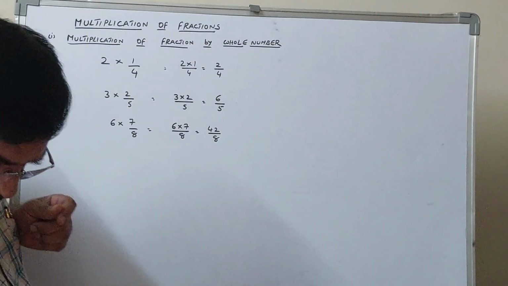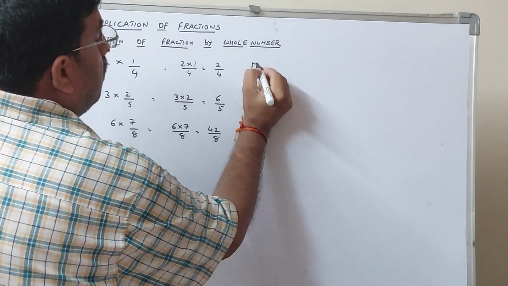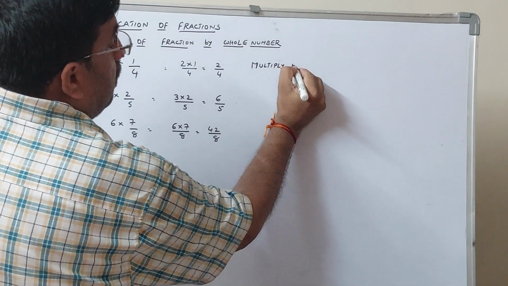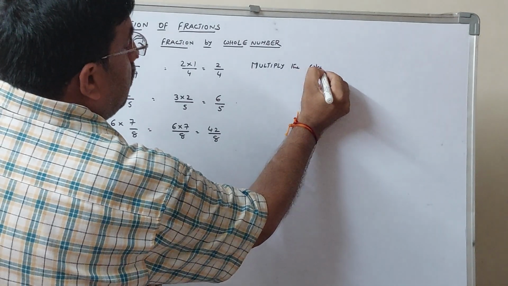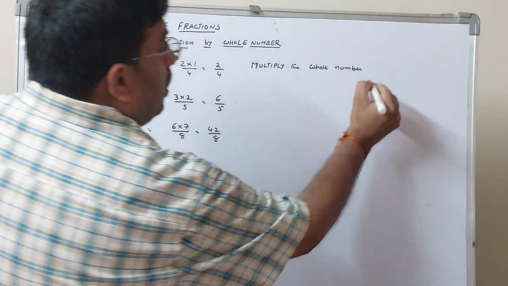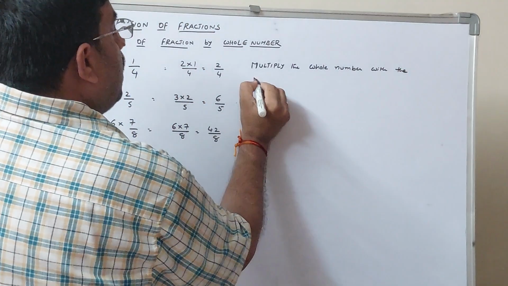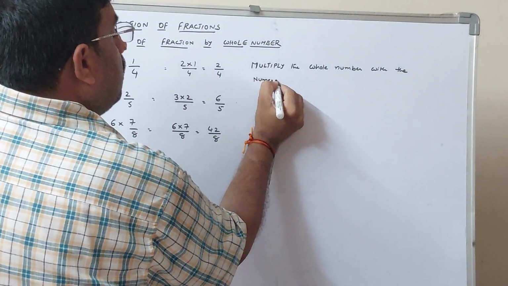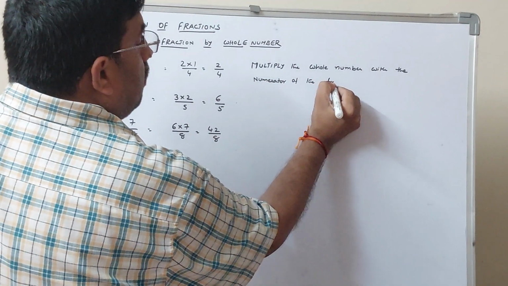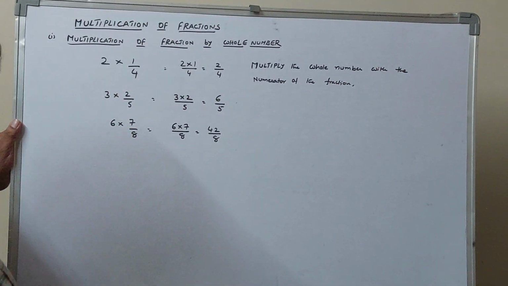What are we doing here? Here we multiply the whole number with the numerator of the fraction, keeping the denominator the same.